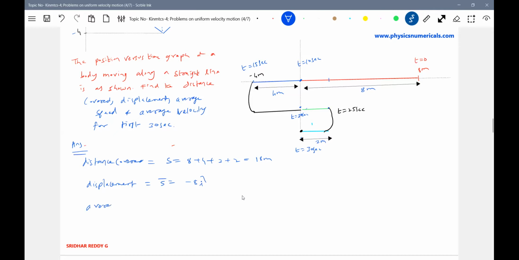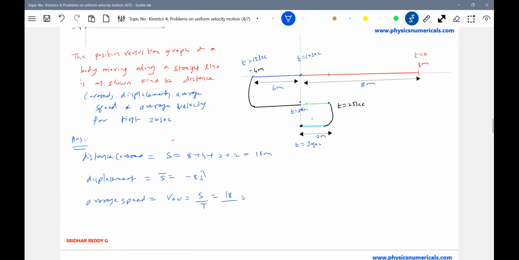Average speed is 18 by 30, so this will be 3 by 5.